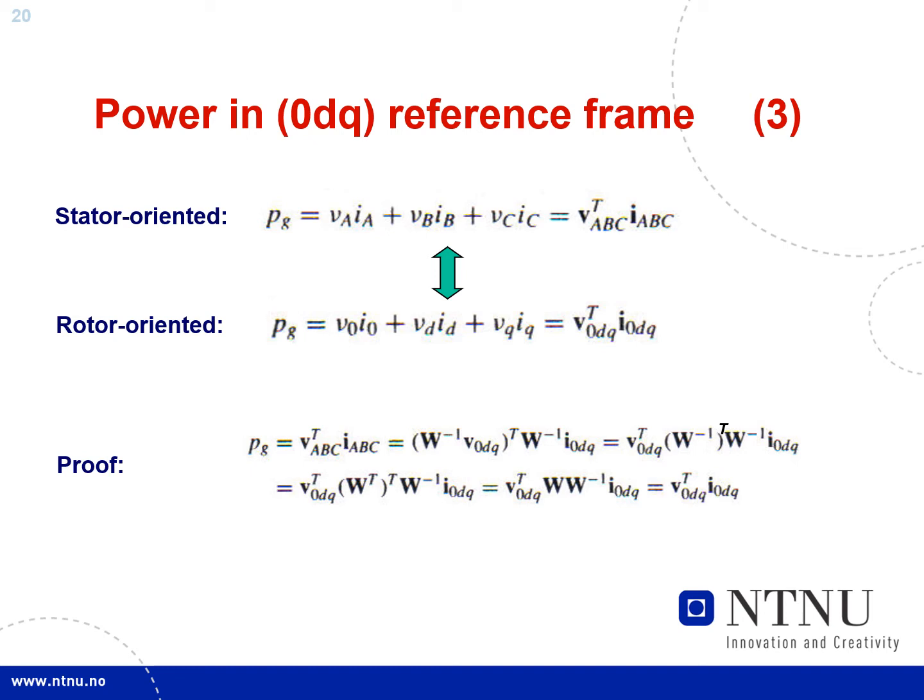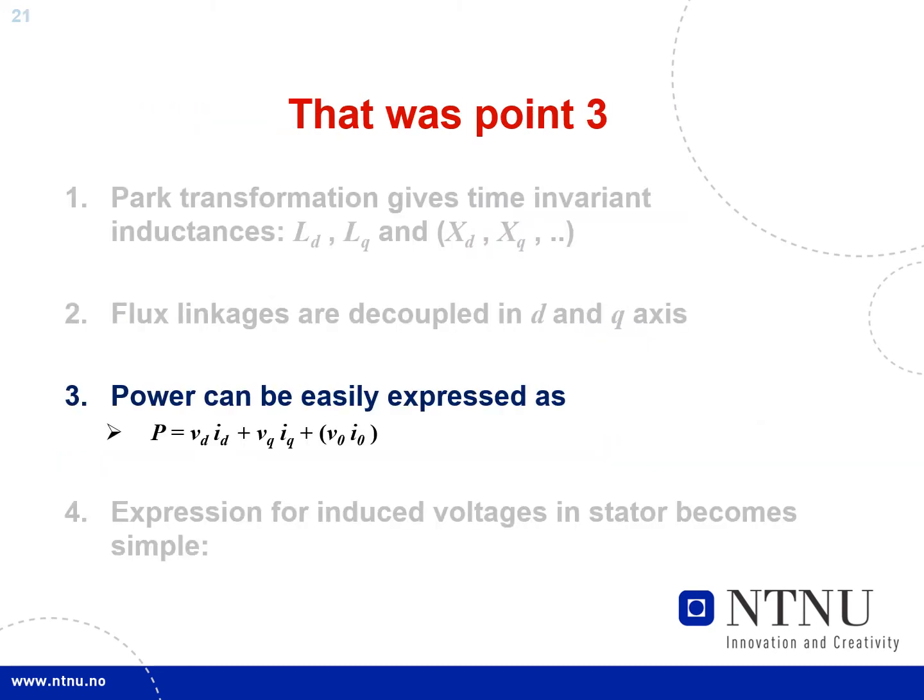And if you apply the transformation, you obtain a very simple and corresponding representation by multiplication of the voltage and current components in the D and Q axis. Assuming symmetry, V0 and I0 would be 0. So that was point 3.